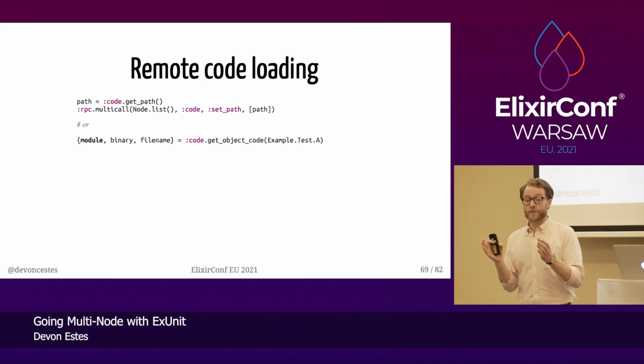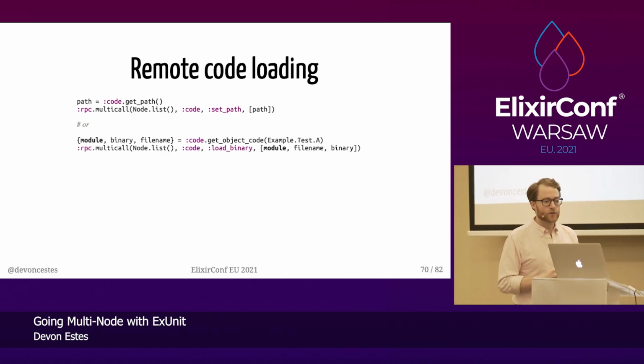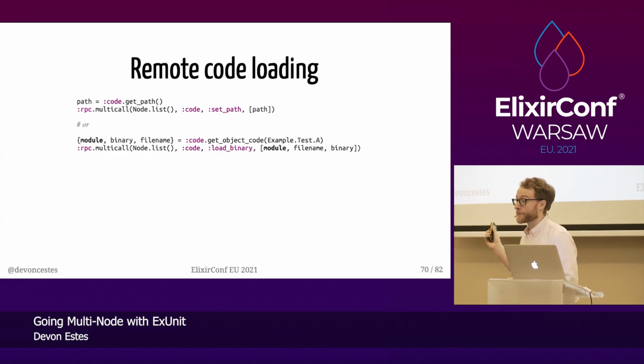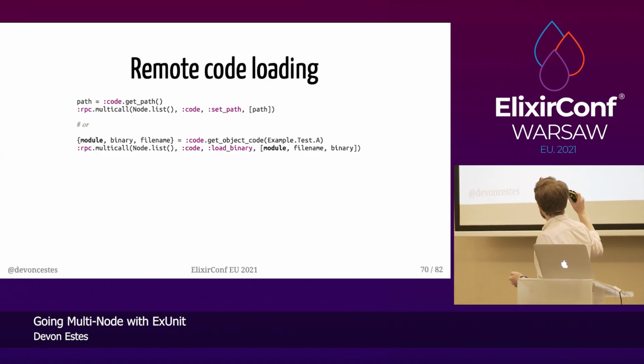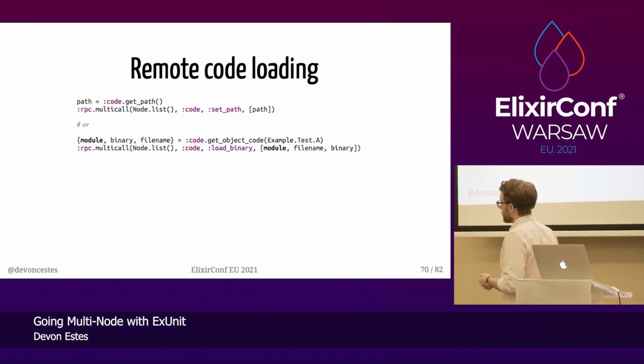So that binary bit is like what would be in the Beam file. That's the instructions for the code server about what to do for functions in that module, and then the file name. And then you would take that information and you would do another RPC multicall to say, hey, everybody, please load this binary. So there's the code load binary function. And you give it the binary, and you give it the module and the file name.